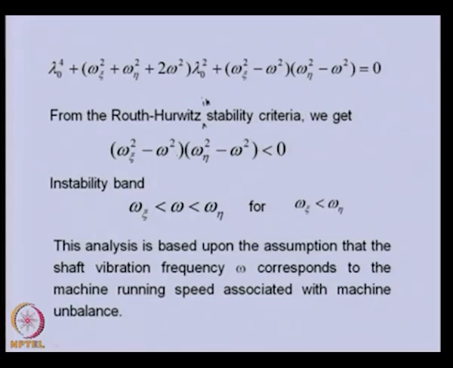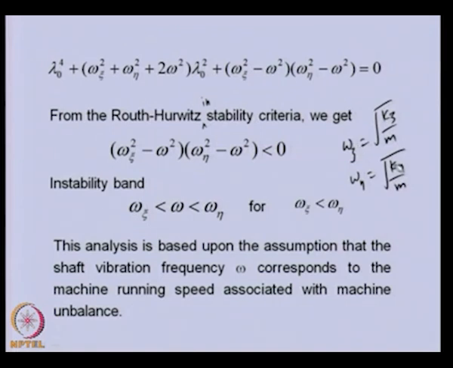Now, in this we have defined omega xi as the root of k xi by m. This is just terminology, not a natural frequency. Similarly, this is another terminology for omega eta.